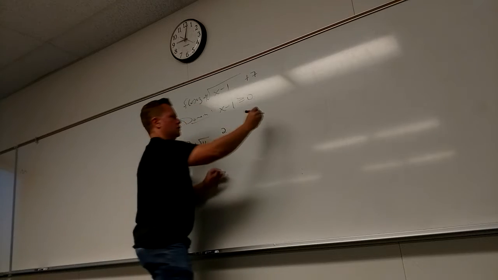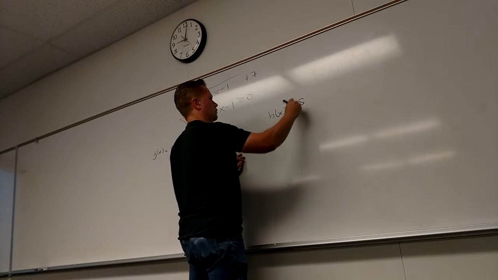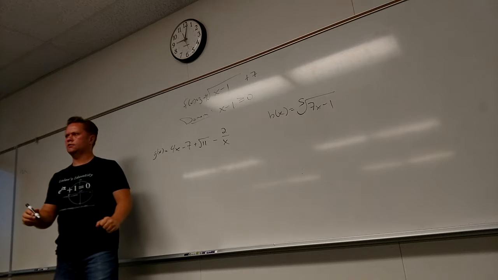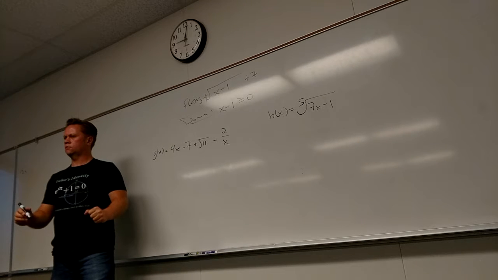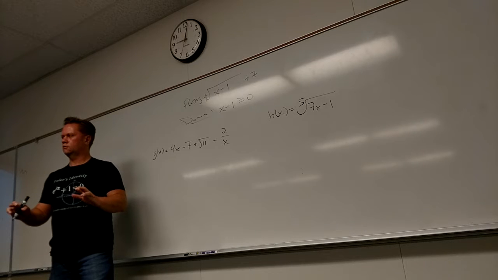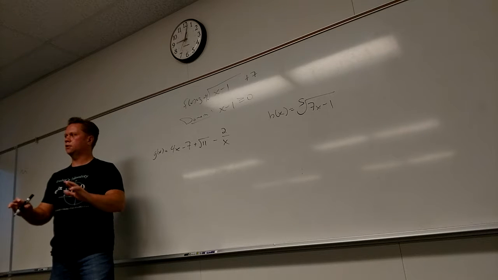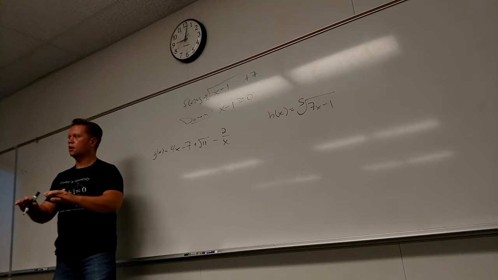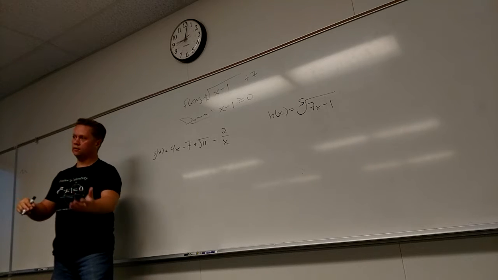So what's the domain of this one? How do you do that? You don't have to do any work, because what kind of root is it? Odd root. They can handle anything.